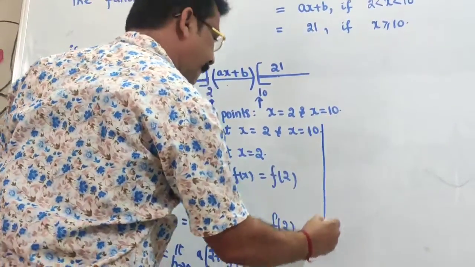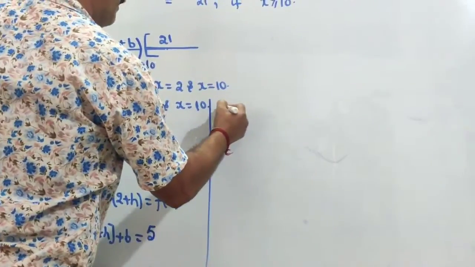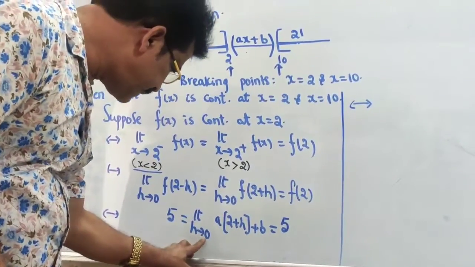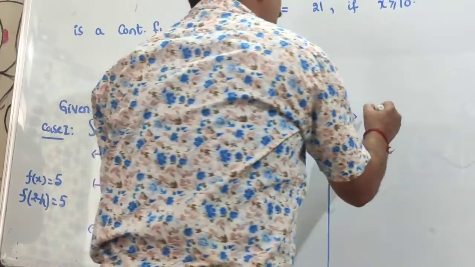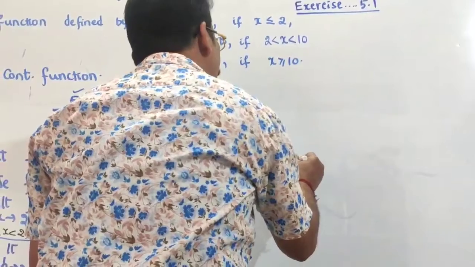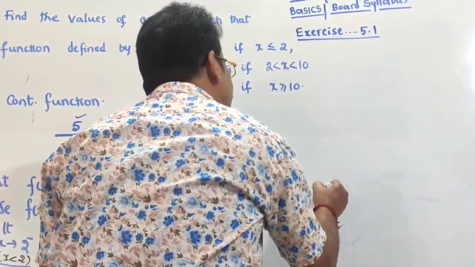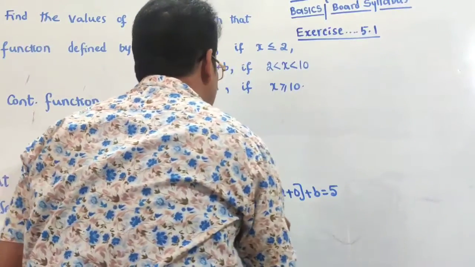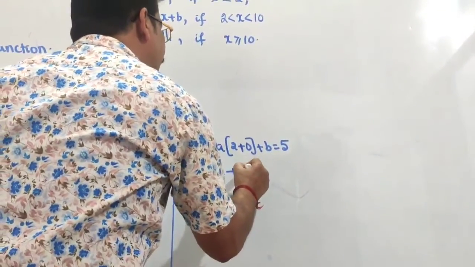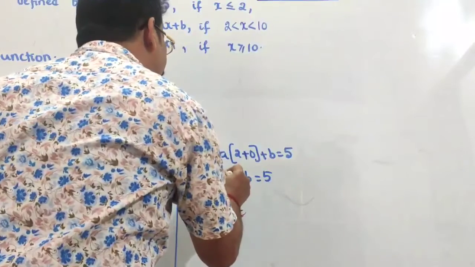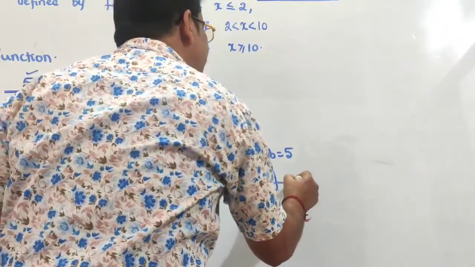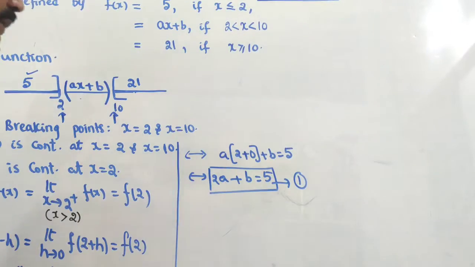So 5 is equal to limit h tends to 0 of a into (2 plus h) plus b, equal to 5. So that implies 2a plus b equal to 5. Let it be equation number 1.